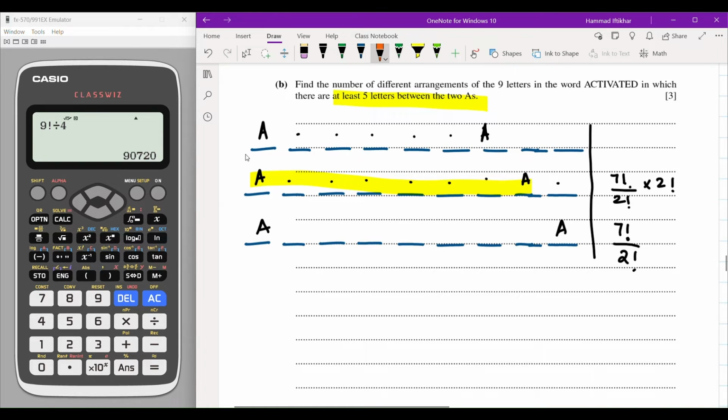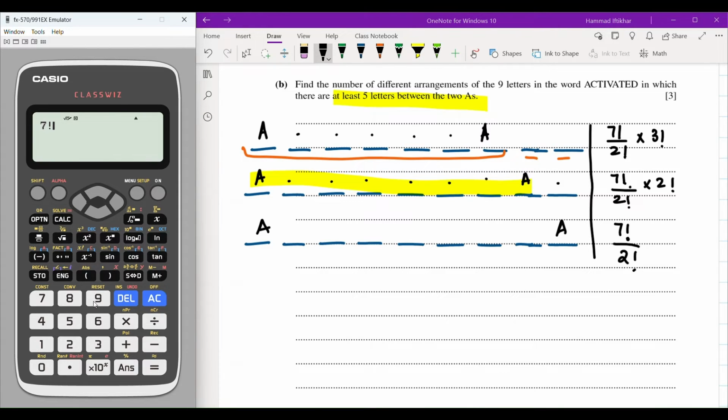Similarly, again, we have 3 blocks and 7 letters to choose from. So 7 factorial divided by 2 factorial times 3 factorial. 7 factorial divided by 2 factorial is 2520.